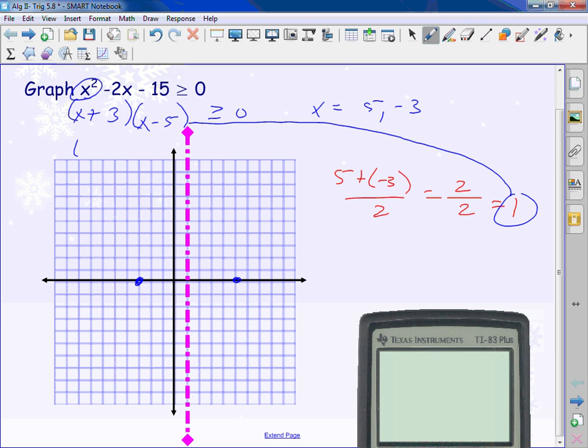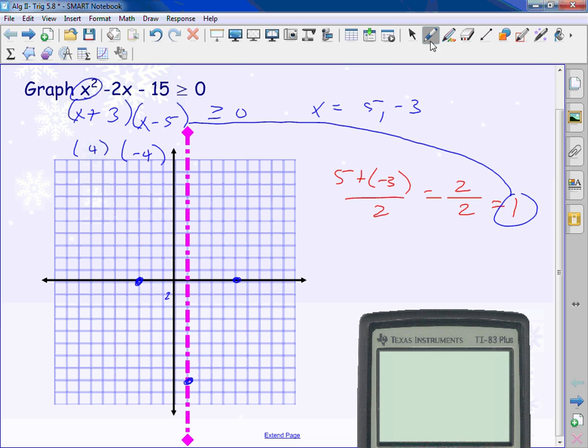1 plus 3 is 4. 1 minus 5 is, what is it? Negative 4, which tells me my vertex is at negative 16. I can't get 16 on here, so I'm going to count by 2s. 2, 4, 6, 8, 10, 12, 14, 16.